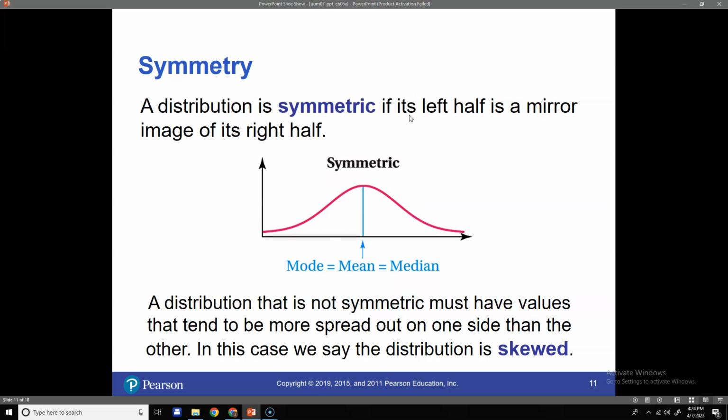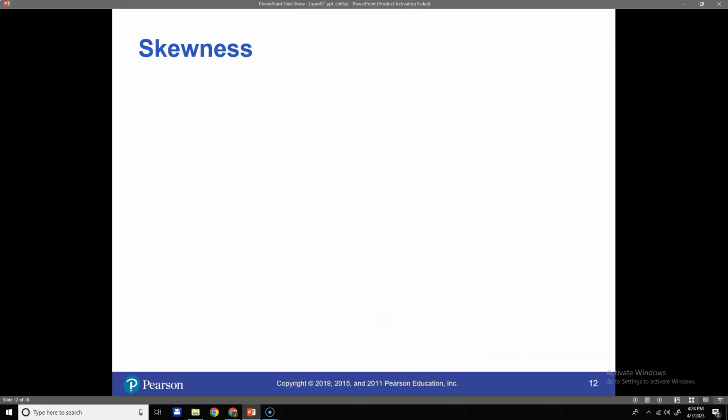Symmetric, again, means the left half is a mirror image of the right. In this case, the mode, mean, and median are all the same value. But where you have more spread out on one side than the other, we say the distribution is skewed, and we can talk about being right skewed or left skewed, depending on where that spread is.